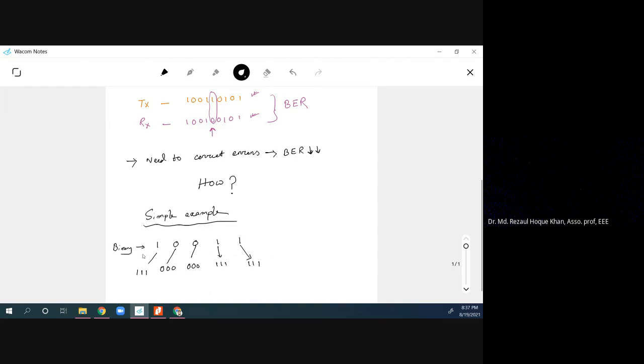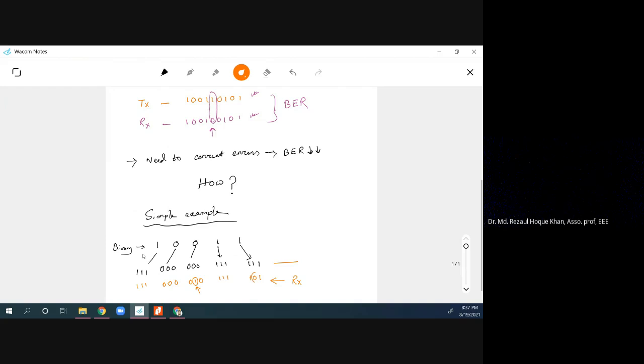Now imagine, for example, in the receiver, one of the bits got corrupted. So 1 0 1, 1 1 1, 0 1 0, 0 0 0. You see, this bit got altered here, right?